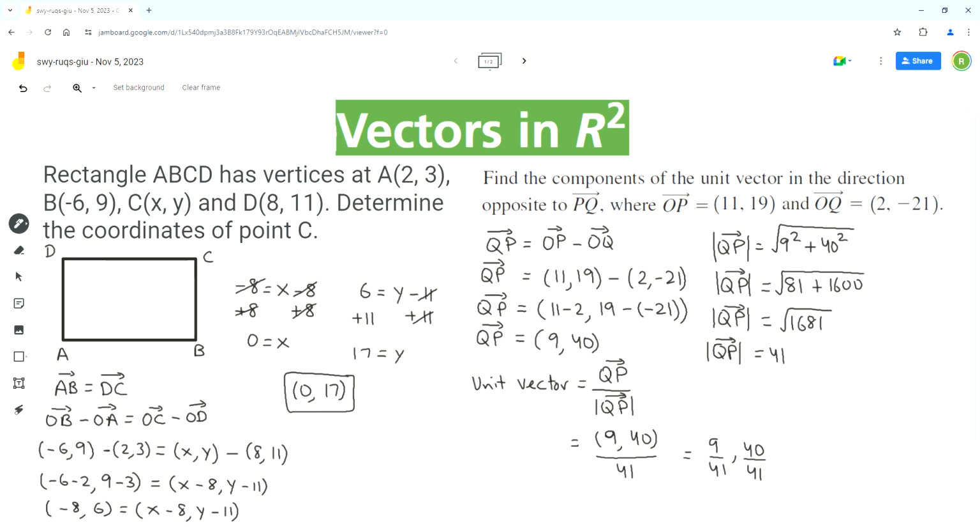So this should be the unit vector in the direction opposite to vector PQ. So this should be the final answer for this second problem.